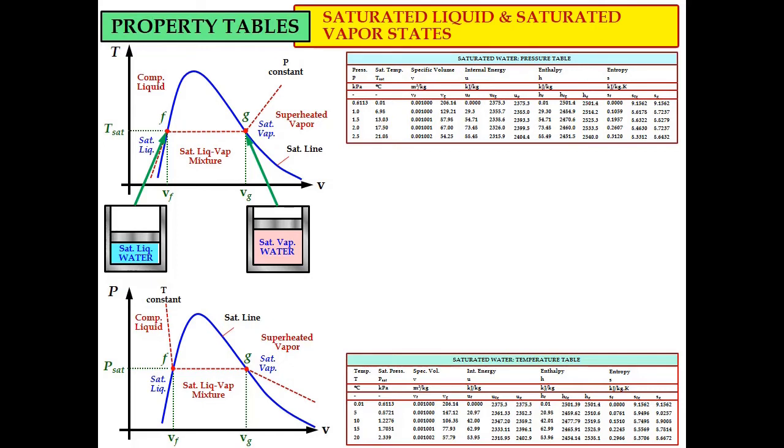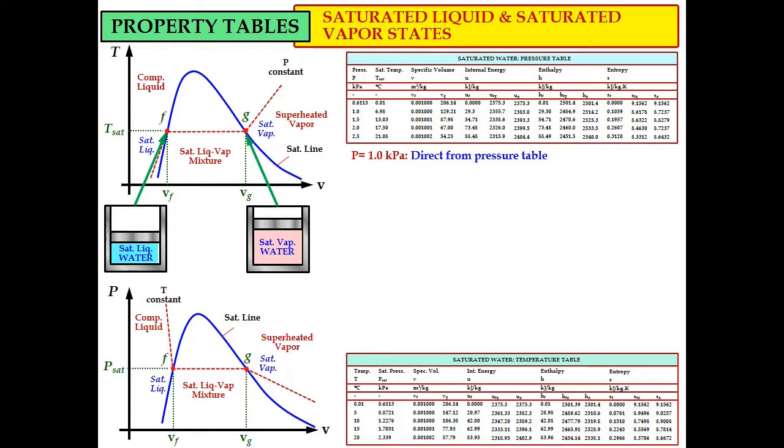In the table we will have a number of properties, so we can determine the data for pressure, temperature, specific volume, internal energy, enthalpy, and also entropy. For example, let's say we want to determine the data for pressure equal to 1.0 kilopascal, the example for water. We need to refer to the saturated water table based on pressure, and we will get all the data directly from the table.